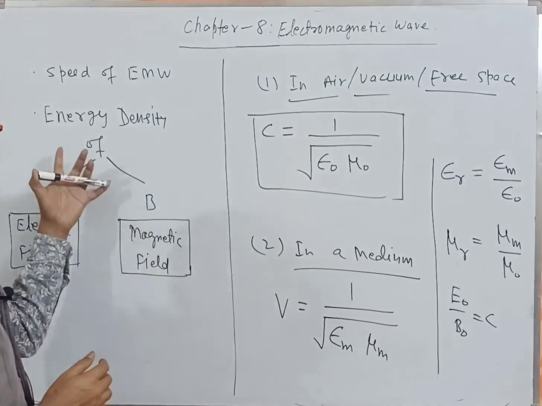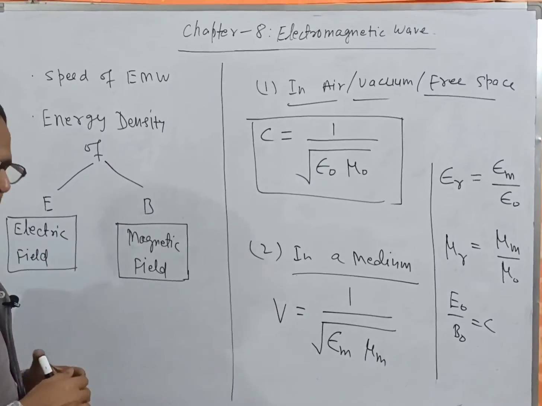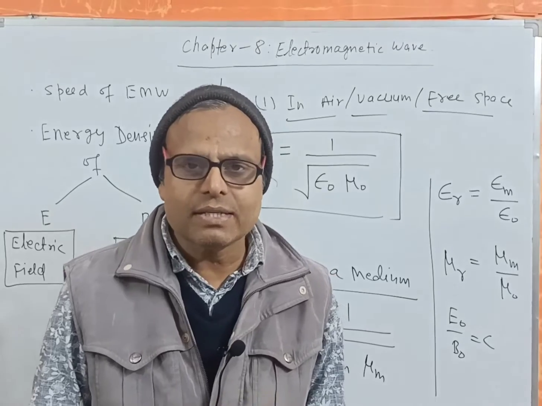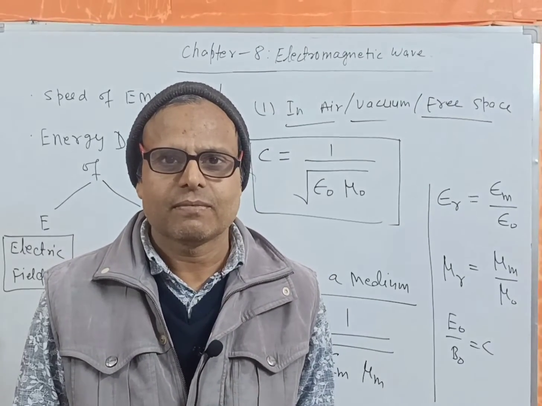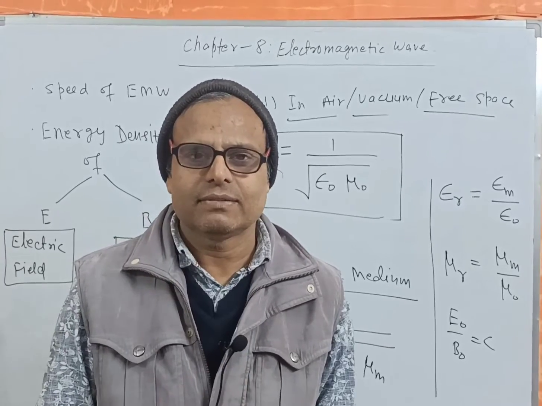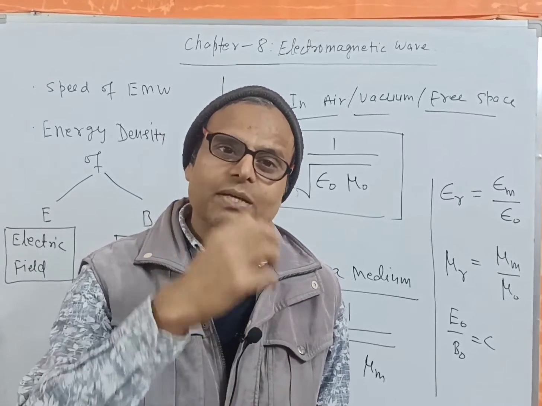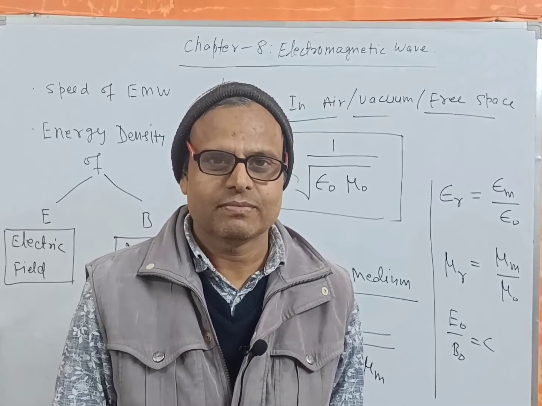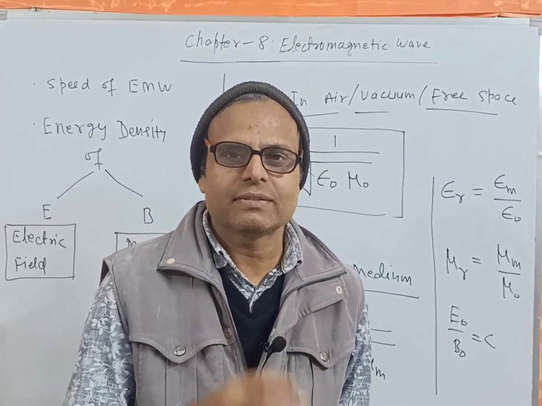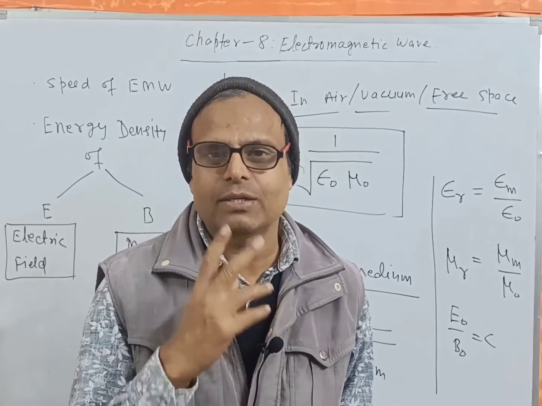Now, come to energy density. What is energy density? Energy density of what? Energy density means energy per unit volume. In terms of electric field and magnetic field, there are two components.